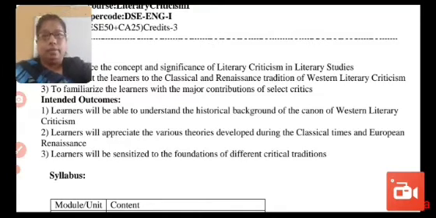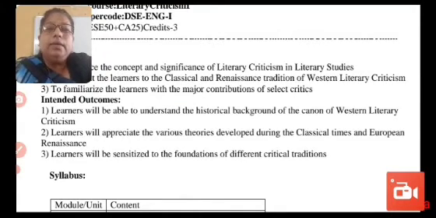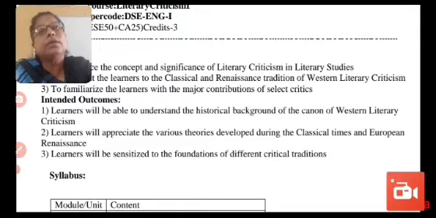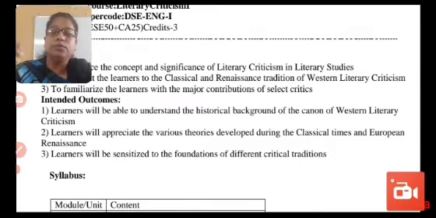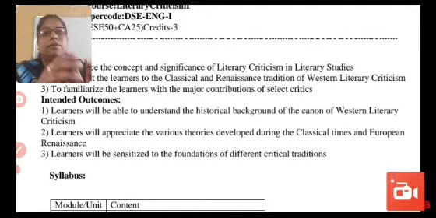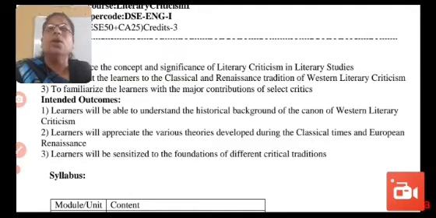The third intended outcome is that learners will be sensitized to the foundations of different critical traditions. There are different critical traditions, schools of literary criticism. For example, what Plato says, what Aristotle says, and there are the followers, the scholars in future times after them, their successors, who followed either Plato or Aristotle or Longinus.